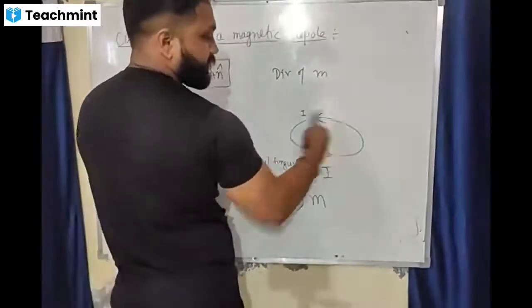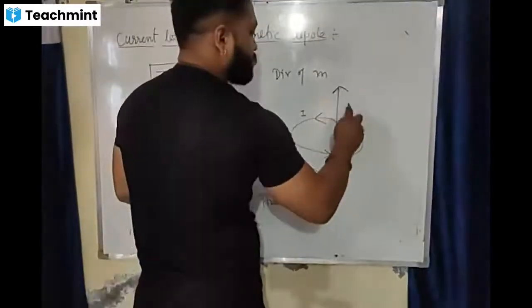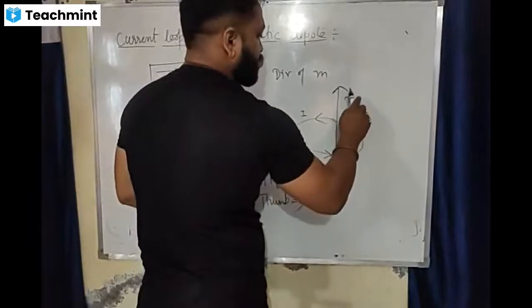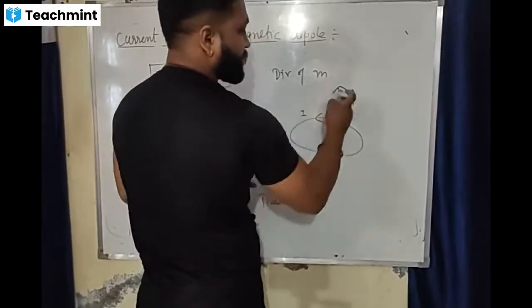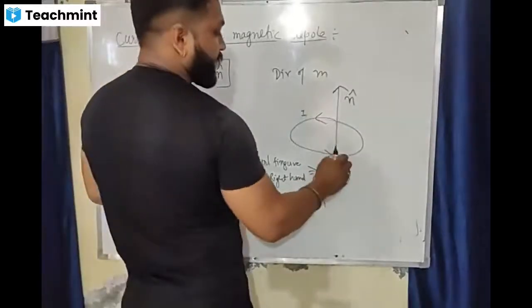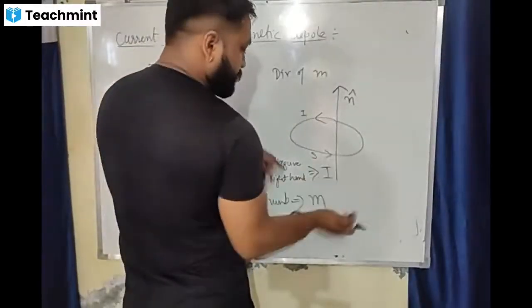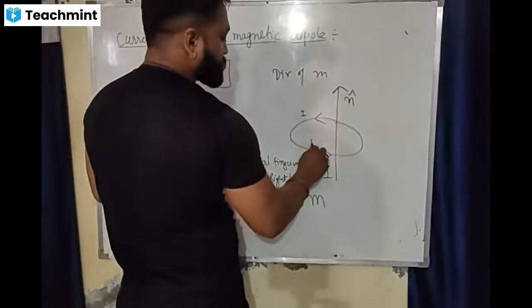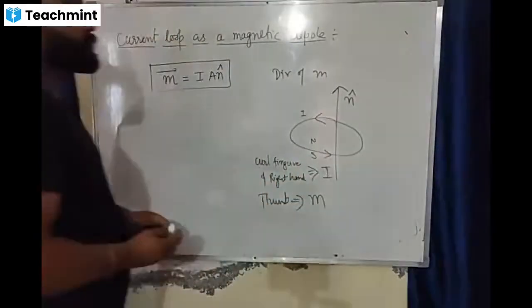So this is the direction of the magnetic dipole. The direction of the magnetic dipole we know is south to north, so the lower surface will behave as south and the upper surface will behave as north.